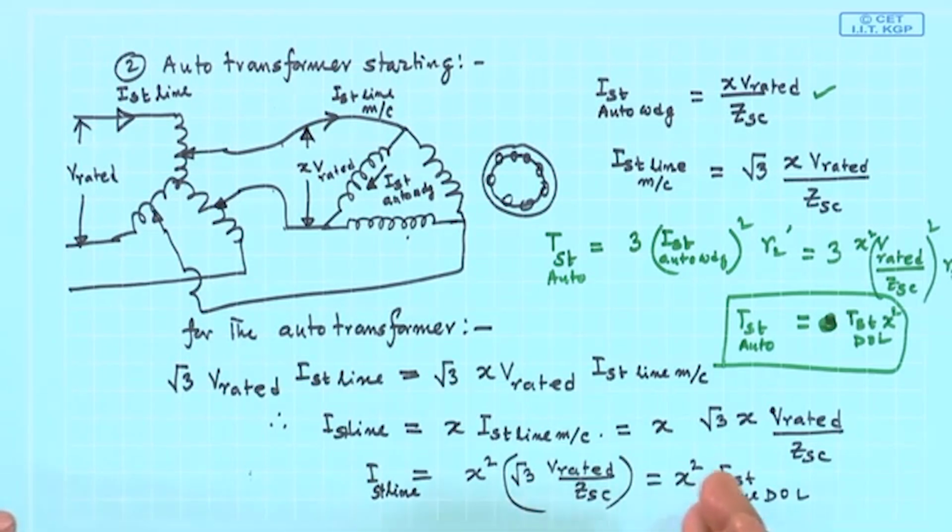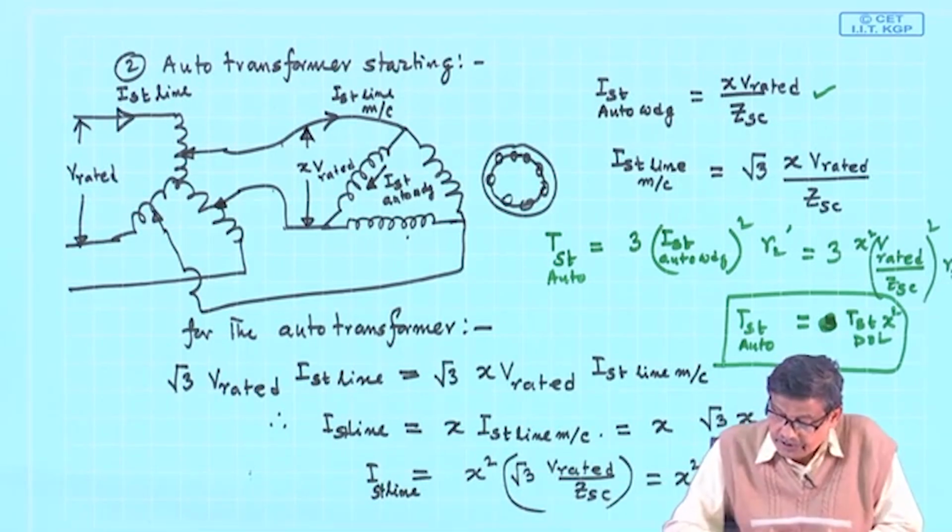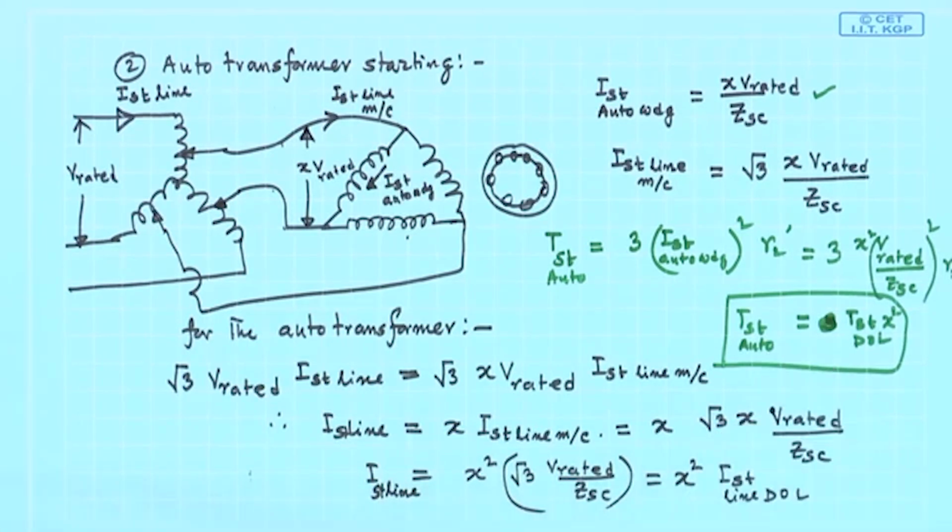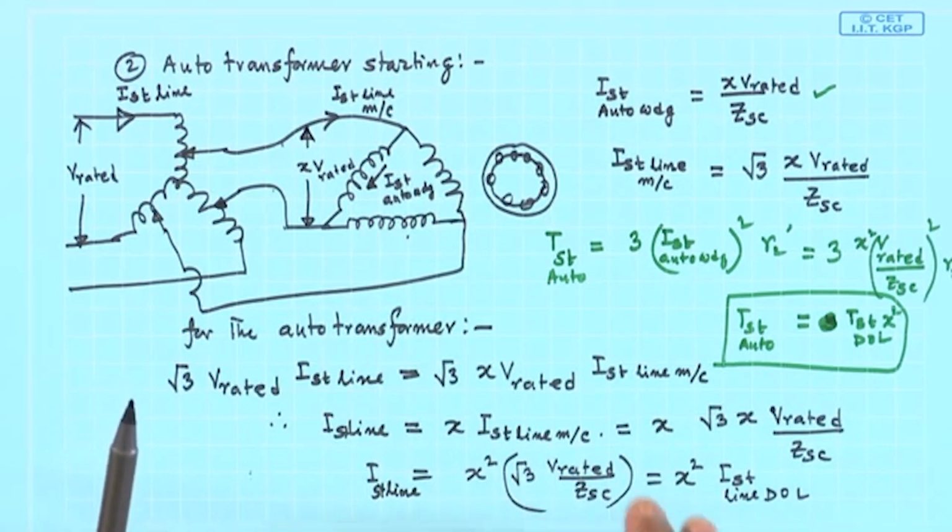Of course, for reactor starting the current was reduced by a factor of x, while in auto transformer starting the current is reduced by a factor of x square. So, it is an improvement. However, starting torque is reduced by the same factor, x square, here also, but nonetheless with respect to current you get some relief.